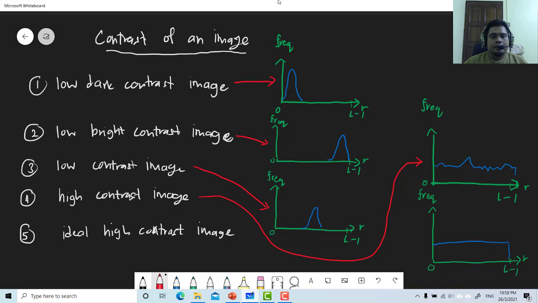Before we learn histogram equalization, you should realize that the previous transformation functions, such as the power law transformation function, we apply to images that belong to either the low dark contrast or low bright contrast type. For example, let's go back to the slide.